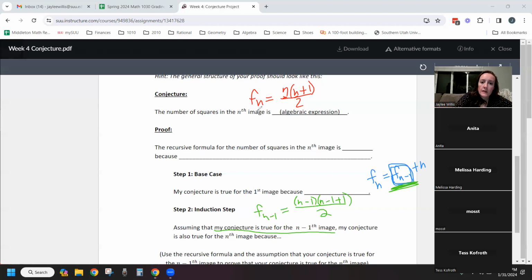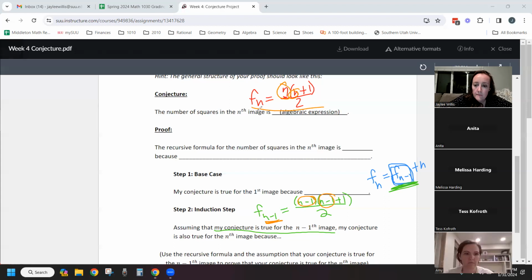And I'll color code this so you can see it a little bit better. So this n got replaced with an n minus 1. This n also got replaced with an n minus 1 because I'm assuming my conjecture is true for the n minus 1th term. Does that make sense? Is everybody good with that step?